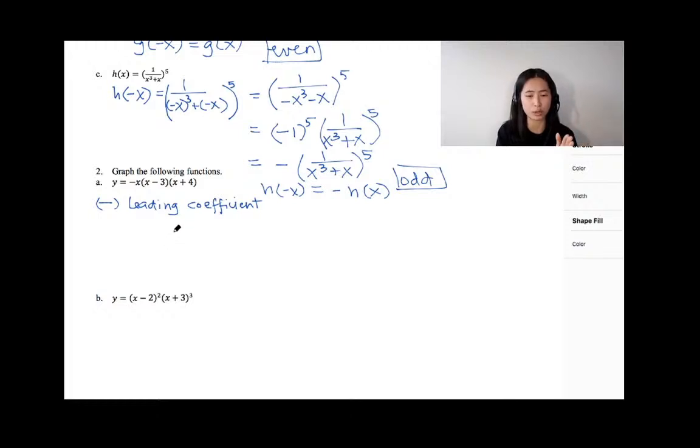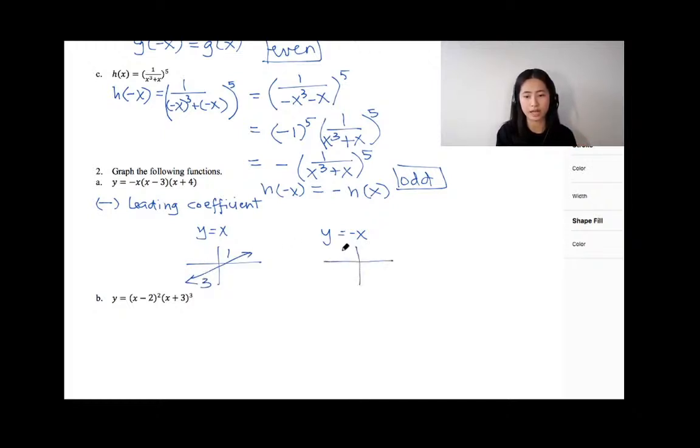So for example, if you're looking at a linear function, which is y is equal to x, versus y is equal to negative x. We know that if you're graphing y is equal to x, a linear function, your line is passing quadrant 3, right? Because this is quadrant 1, 2, 3, 4.